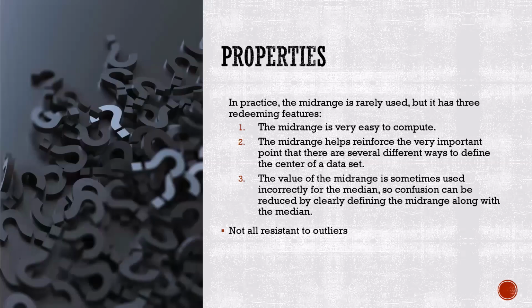I guess it has 3 redeeming features. It's easy to compute, I guess. It can reinforce that there are several ways to define the center of the data set. It's also incorrectly confused for the median, so it helps you think about the difference between the median and the mid-range. So that's about it.